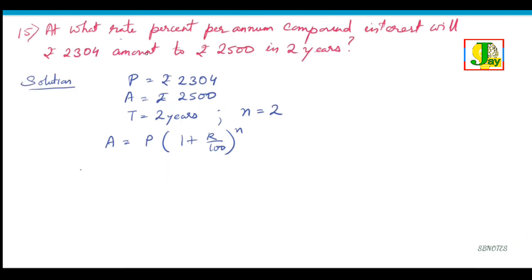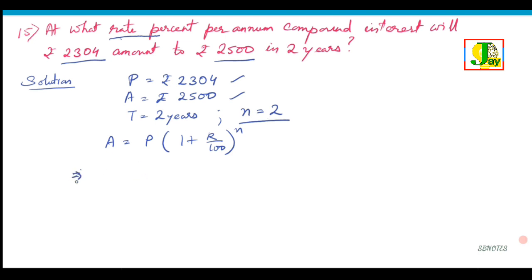Okay, in this question you have to find the rate, using compound interest. Principal is given, 2304 will amount to 2500. Okay, so principal amount is given, time is 2 years, so compounded annually n will be 2. So we'll put the values here.